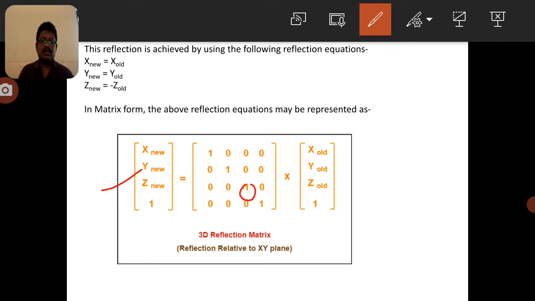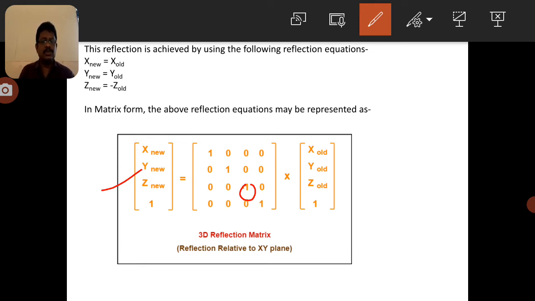The remaining x and y diagonal values are 1, and the remaining entries are zeros. So we take the homogeneous matrix with diagonal elements 1, except the z value. All values are positive, only the z value is negative, because in the xy reflection the impact goes to the z-axis.